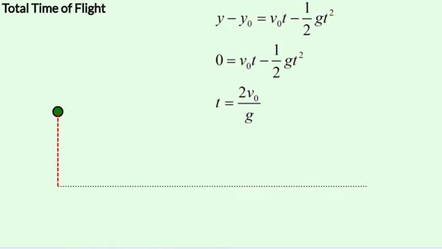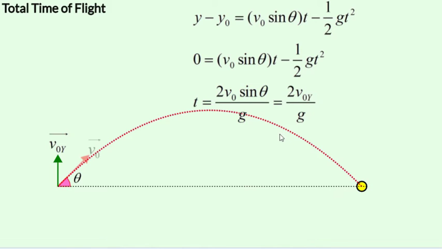Now when we launch a ball vertically upwards with a velocity of v0, the time of flight is 2 times v0 over g. And now with the projectile, we have a very similar looking formula, but with an additional sine theta. So essentially, we are substituting the v0 with v0 times sine of theta for projectile motion.